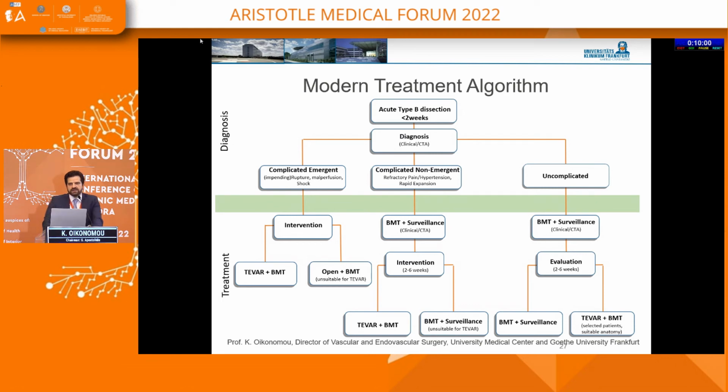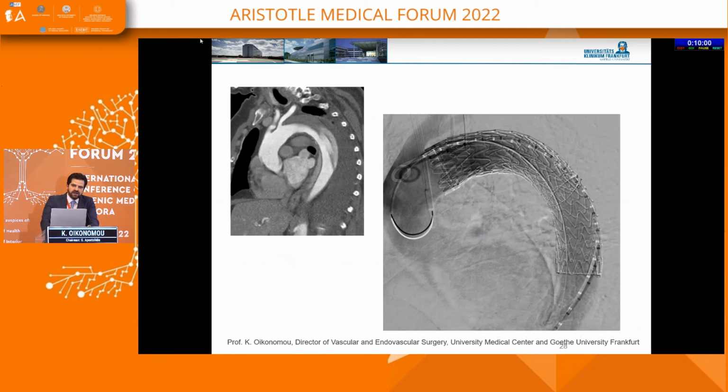And patients that are uncomplicated clinically but do have morphologic criteria that speak for late dilation, for example, a very large false lumen or a very large entry tear, are also treated subacutely with endografting.